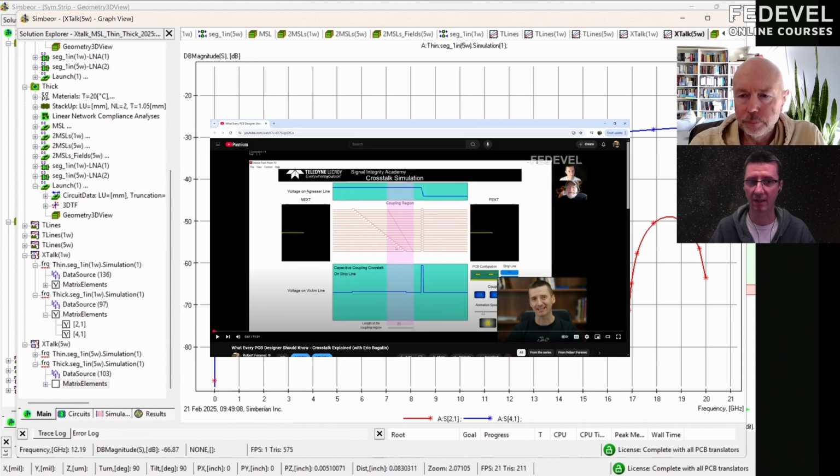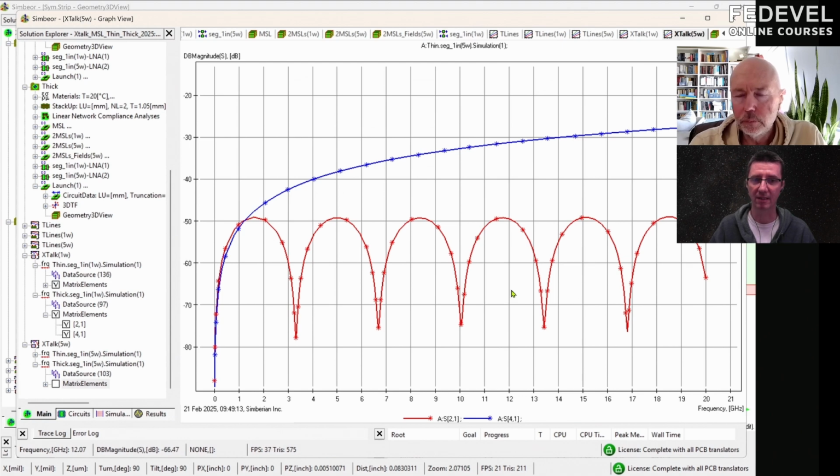Actually, I've done a really good video which can help everyone understand the difference. But basically, when we have crosstalk, it spreads in both directions. It spreads in the direction where the signal travels, but there is also crosstalk which spreads in the direction from which the signal is traveling.